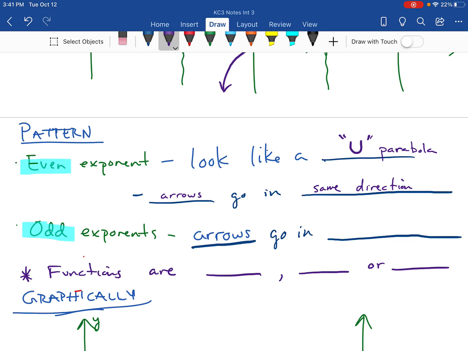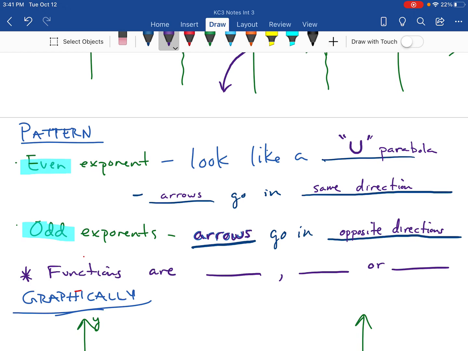Now, if you have an odd exponent, that means that the arrows go in opposite directions. So one of them is going to be going up, one of them is going to be going down, or vice versa.